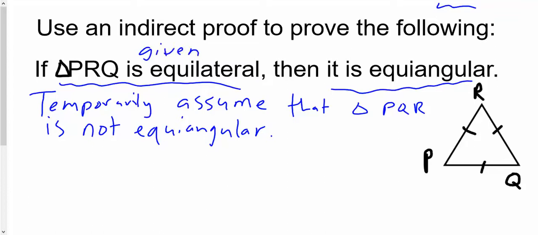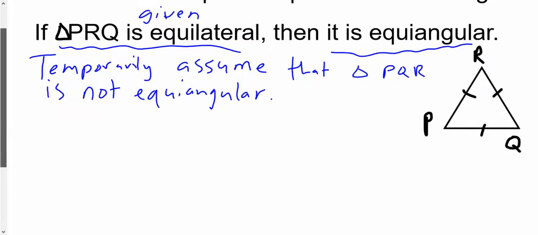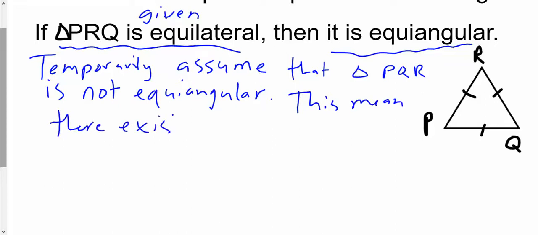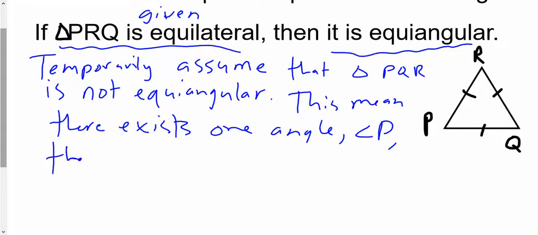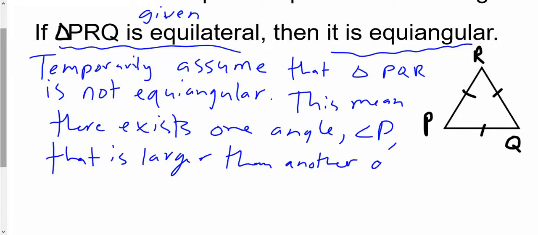So this means there exists one angle, we'll just call it angle P, that is larger than another angle.